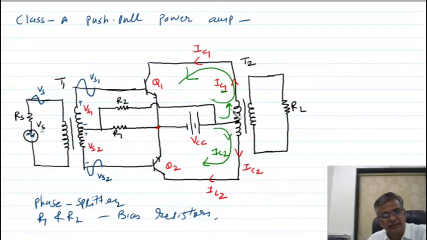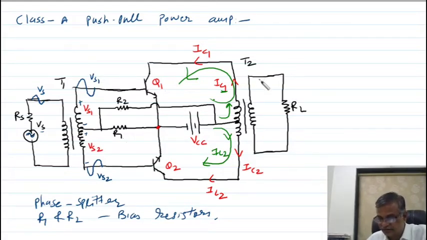So they cancel the magnetic field effect of each other. As a result, the magnetic saturation problem will be overcome. There is no problem of magnetic saturation because current is flowing in opposite directions in the primary of the transformer, so the magnetic field effect is cancelled.